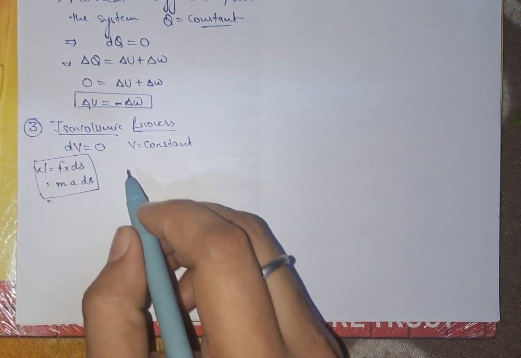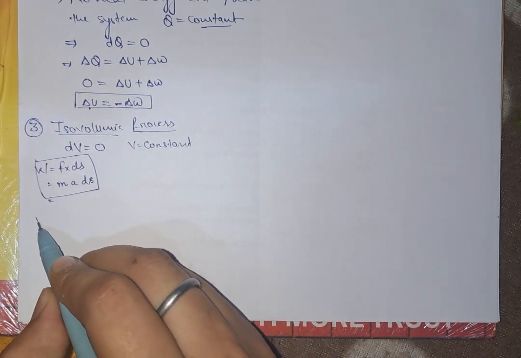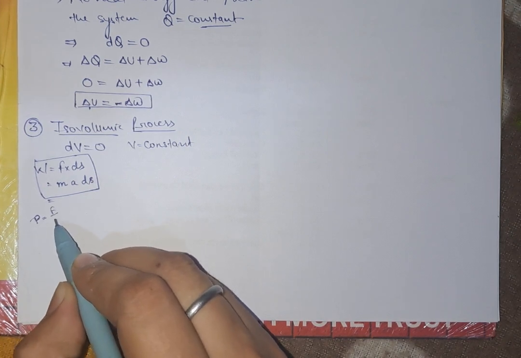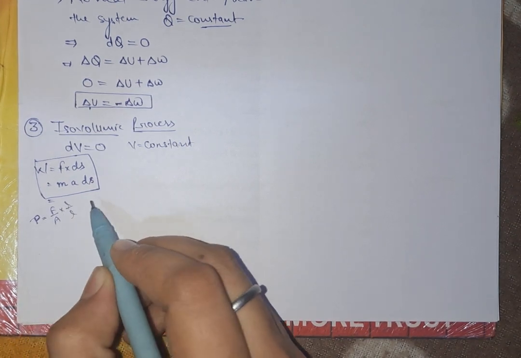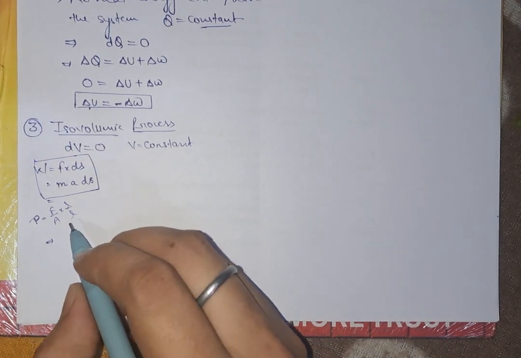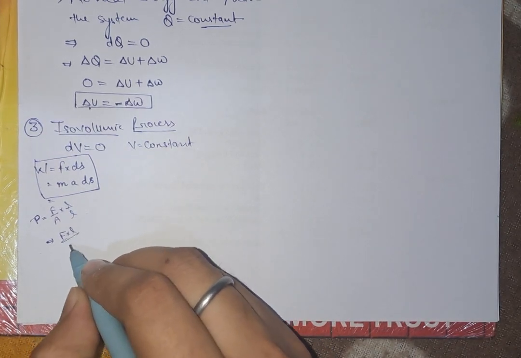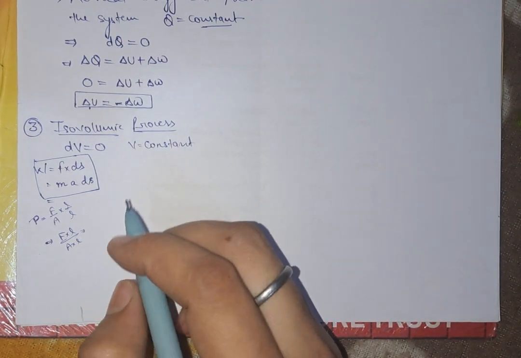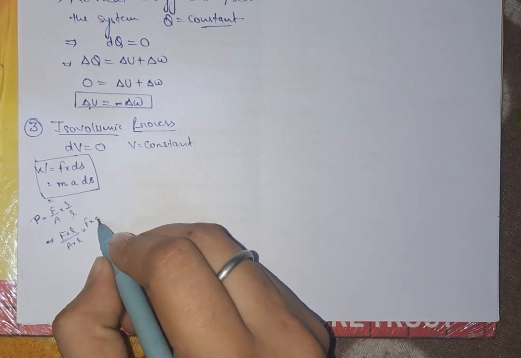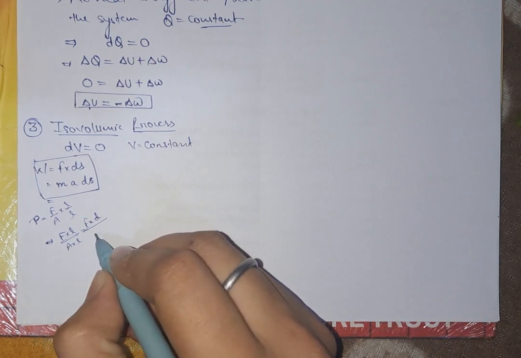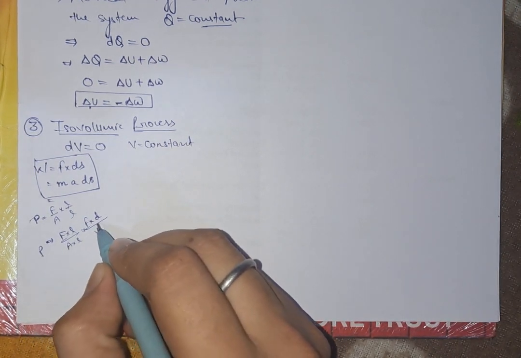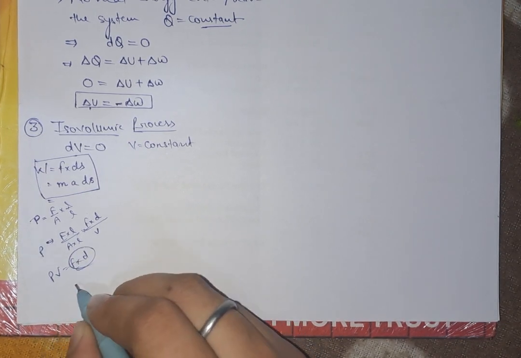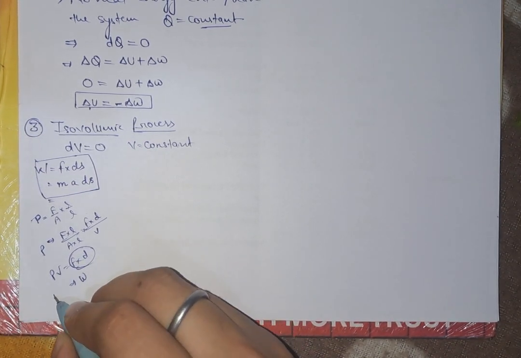And similarly, pressure is equal to force upon area. Multiplying and dividing it by L, we come to F into L upon area into L. F into L means force into distance, and A into L means volume. So pressure is equal to F into D by V. So PV is equal to F into D, and F into D is nothing but work done.